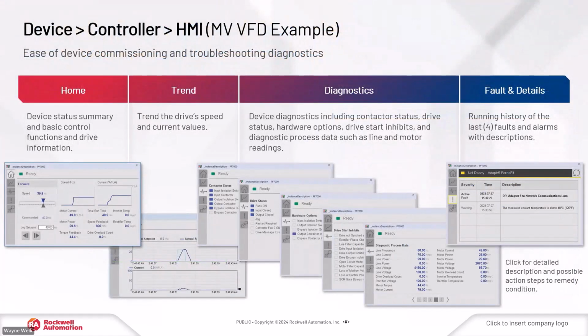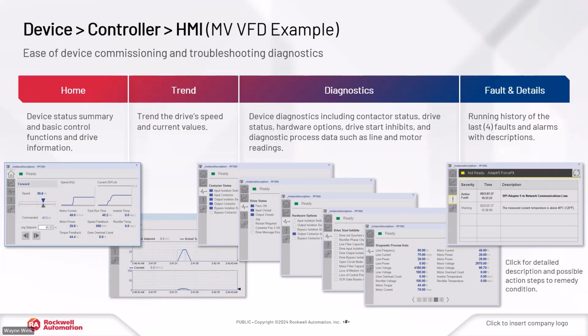This is an example of a PowerFlex drive and some of the things you can see out of it. There's a tremendous amount of diagnostic information that you can see without having to go to the drive, without having to walk out and go to the HIM module or whatever you may do today. You can also see the fault table listed there, and there's a lot of diagnostic information you can thumb through.